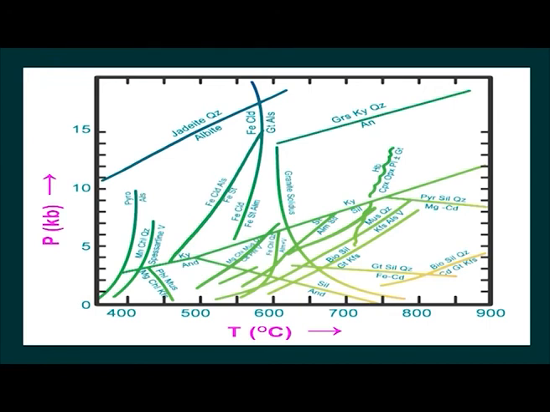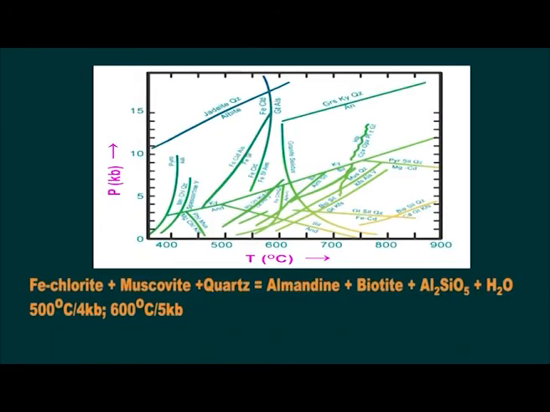Hoschek and Winkler 1986 produced almandine garnet by the reaction Fe chlorite plus muscovite plus quartz give rise to almandine plus biotite plus aluminosilicate plus water, 500 degree centigrade 4 kilobar, 600 degree centigrade 5 kilobar. Upper pressure limit.